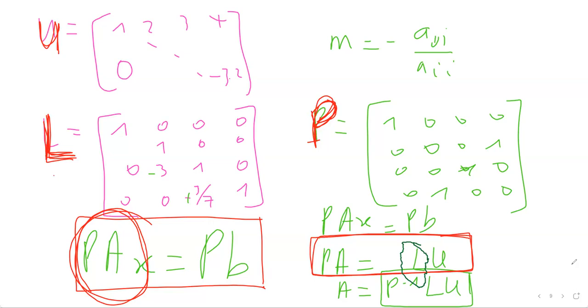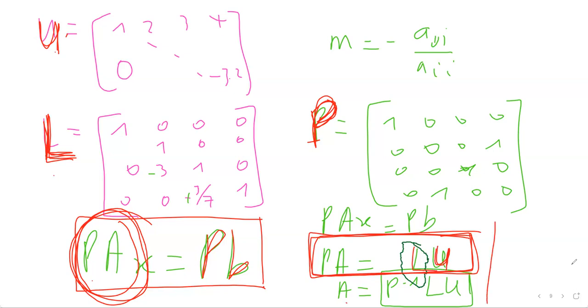Do you understand? Yeah. So we are saying that if you take your PAX is equal to PB, because you need to multiply the right-hand side by the same permutation matrix, then you can write your PA is equal to your LU that you now have. So your A is equal to P inverse of LU.